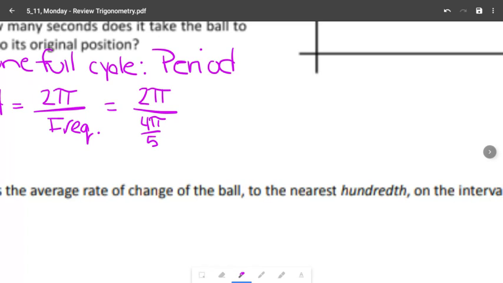You can plug this into your calculator. I would put the 4/5 in parentheses when I go to do it, so 2 divided by 4/5 in parentheses, and you should get 2.5 seconds.